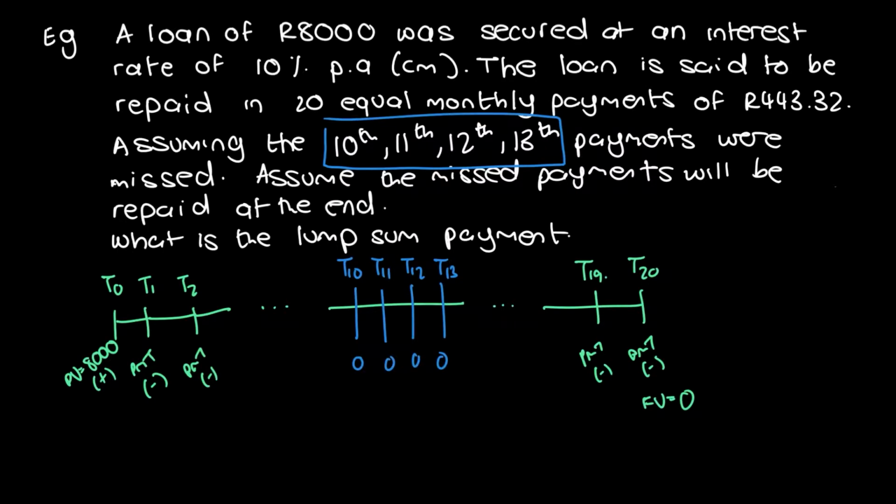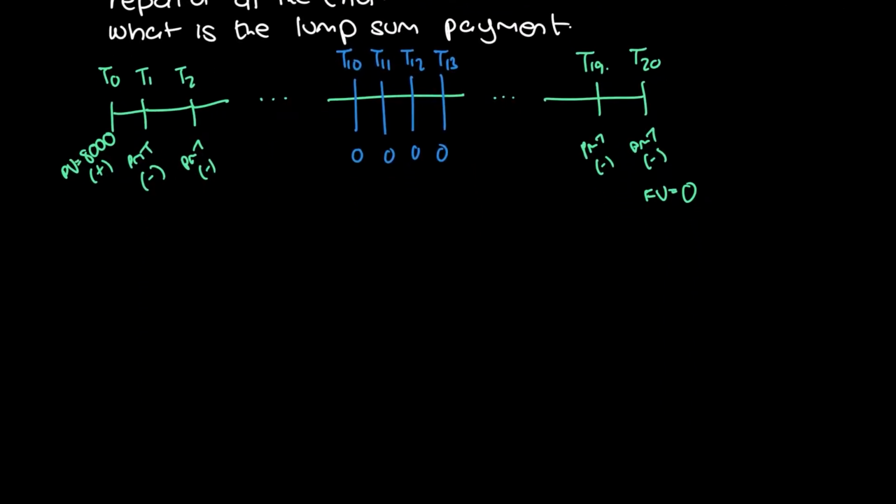And we are going to consider the missed payments as a secondary loan running parallel to the annuity. So let's just move our screen quick so that we can just see this. We're going to have a loan forming here at T10, T11, T12, and T13, where at T10, we're going to get given the monthly payment to pay off the original annuity.